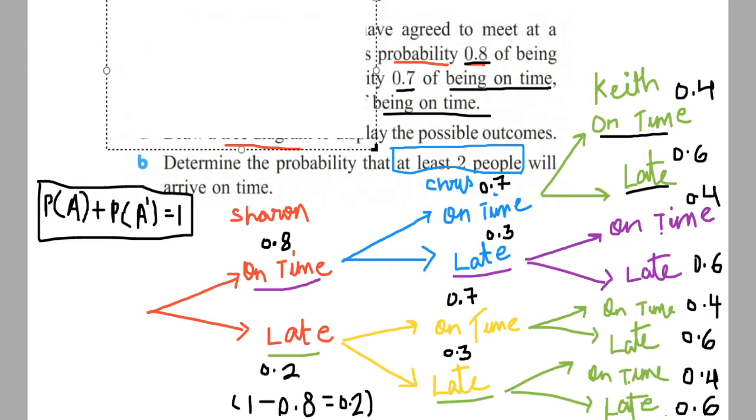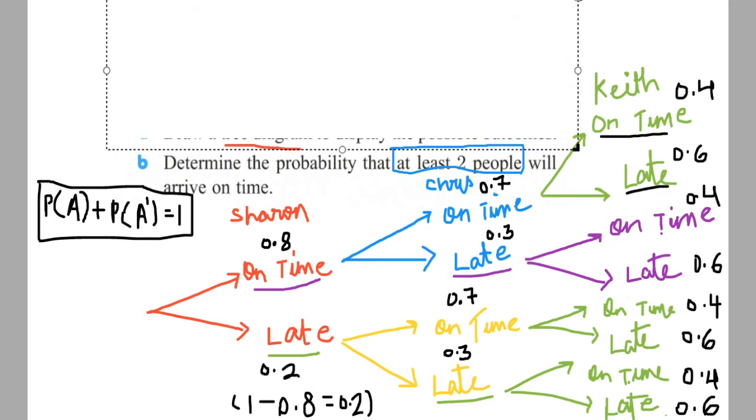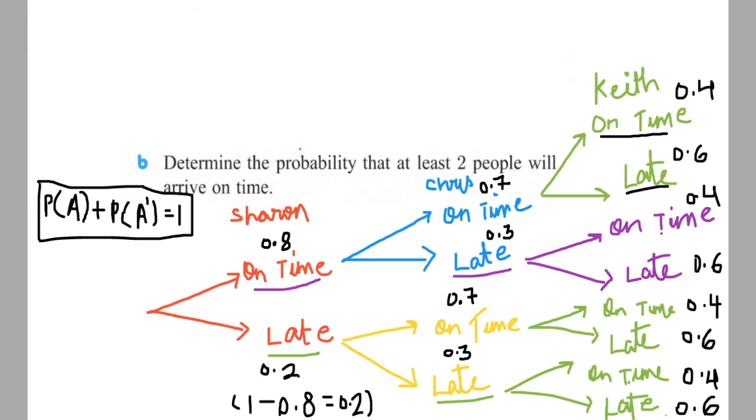I'm going to just cover the top part of the question because I don't have space on the board. Let's solve it on top. Determine the probability that at least 2 people will be on time. So I'm going to use T for on time and L for late, and the order would be Sharon, Chris and Keith. These are the scenarios.